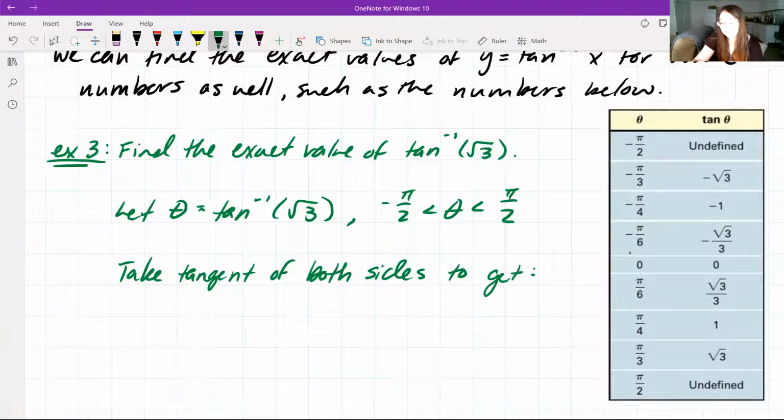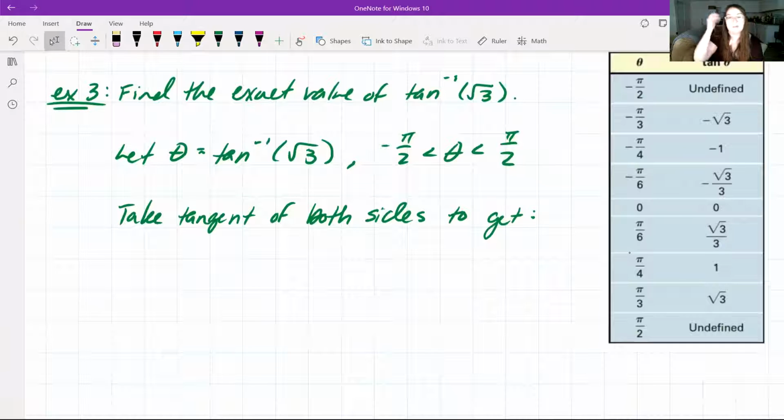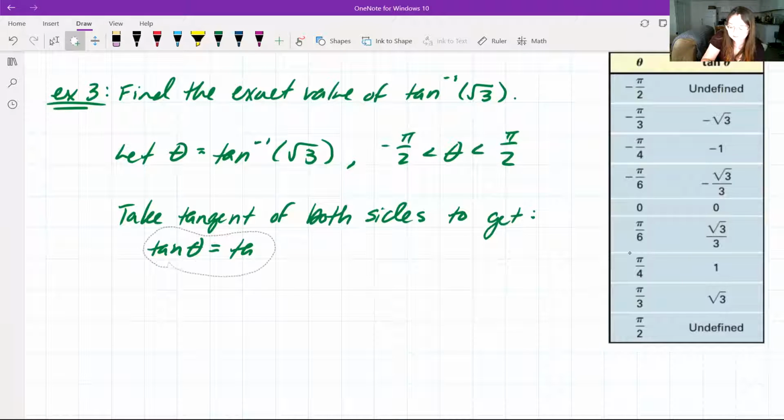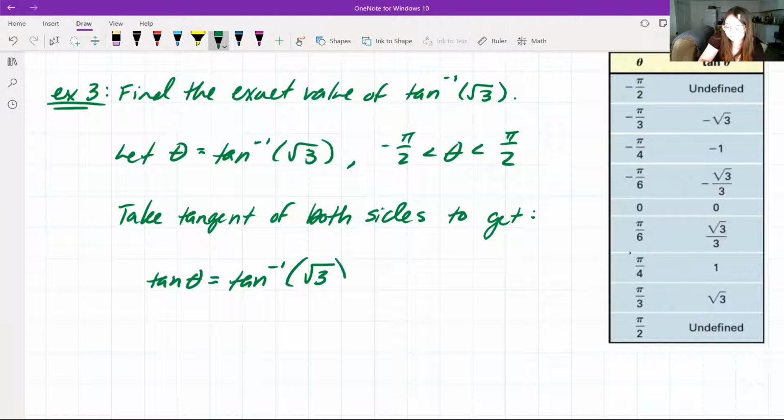In order to get our more simplified version. If we take tangent of both sides, we get tangent of theta is equal to tangent of tangent inverse of the square root of 3.